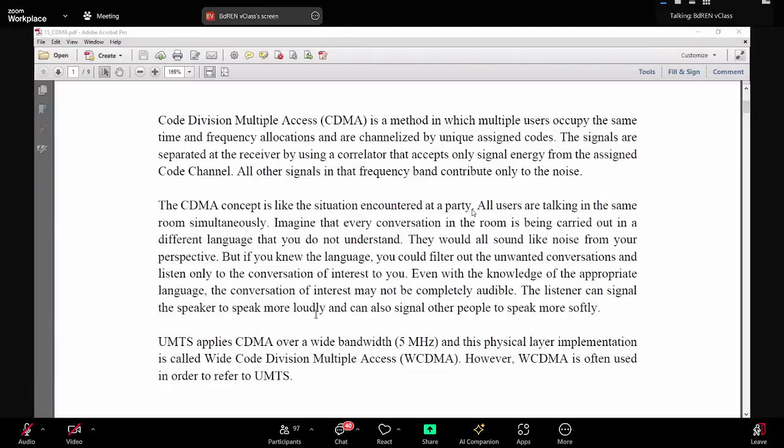Now let us get back to our example. If another pair is using a language which is somewhat close to yours, like your pair is using Bangla to talk to each other, but another pair is using Hindi, then it may get a little more difficult for you to understand your friend because there is some similarity, right?